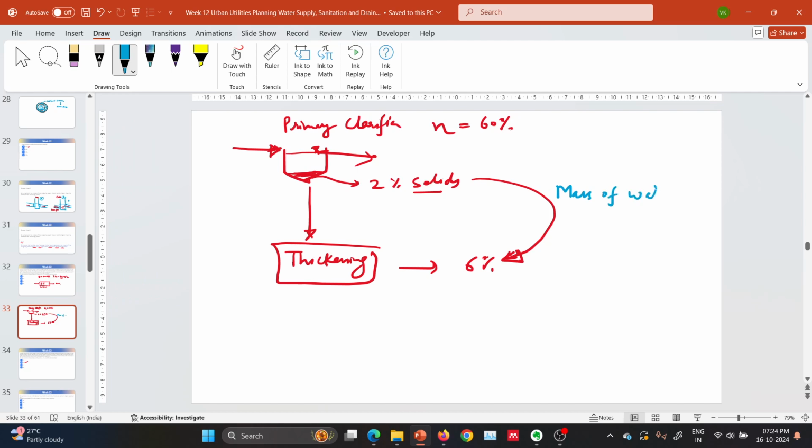Mass of water is removed and solid mass remains the same. Solid mass remains the same, and that's why the percentage increases.